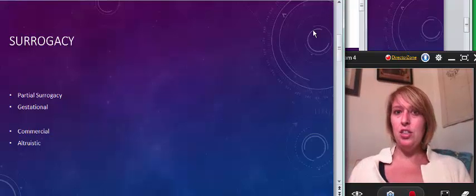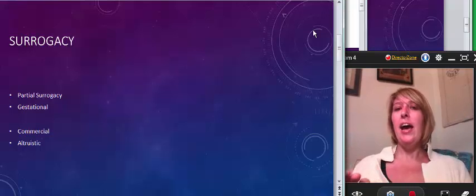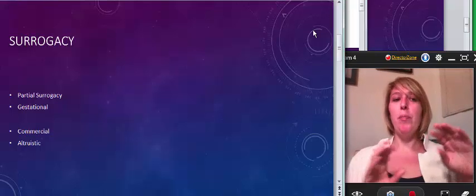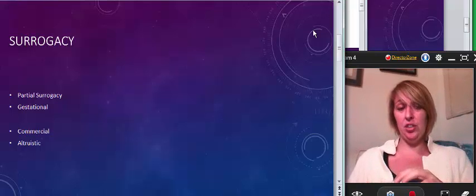We won't get into that situation. That's not exactly surrogacy. That's a different matter and is unrelated to this topic. That said, we're going to stick with surrogacy and focus on partial surrogacy versus gestational.